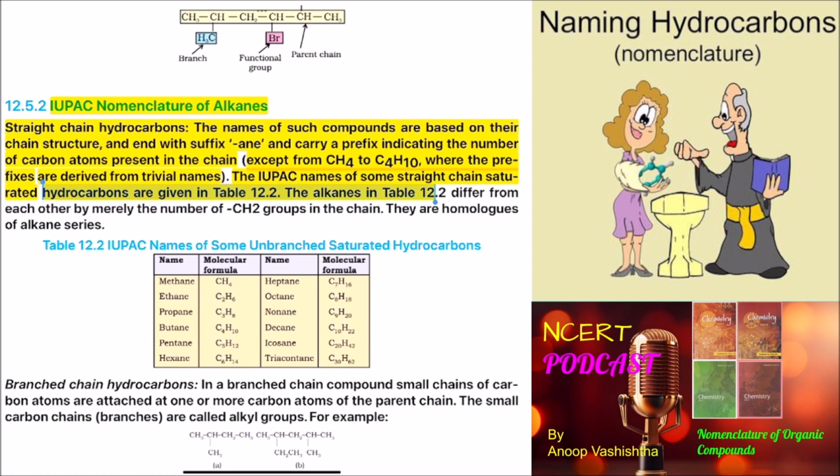The alkanes in Table 12.2 differ from each other by merely the number of CH2 groups in the chain. They are homologues of the alkane series.